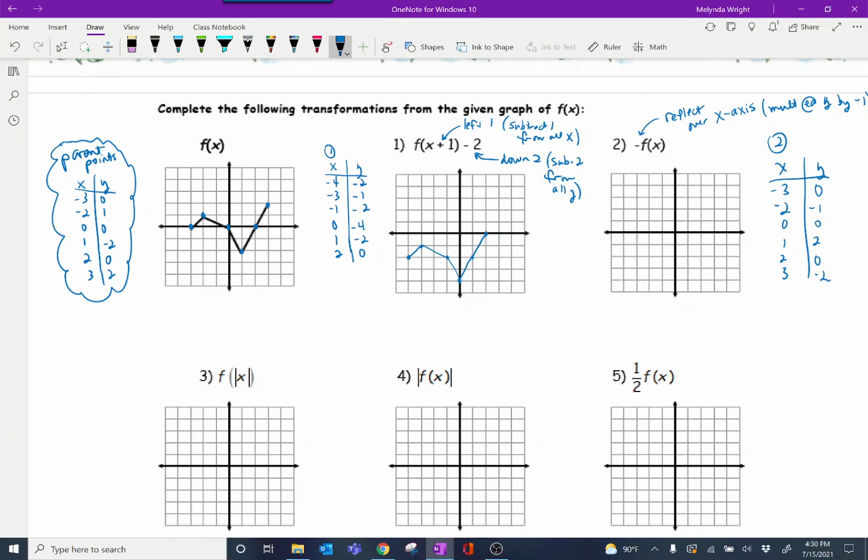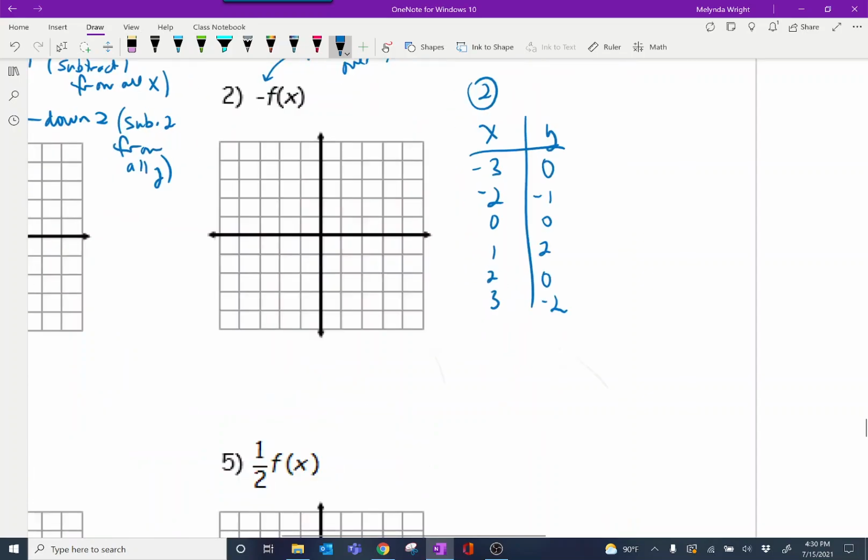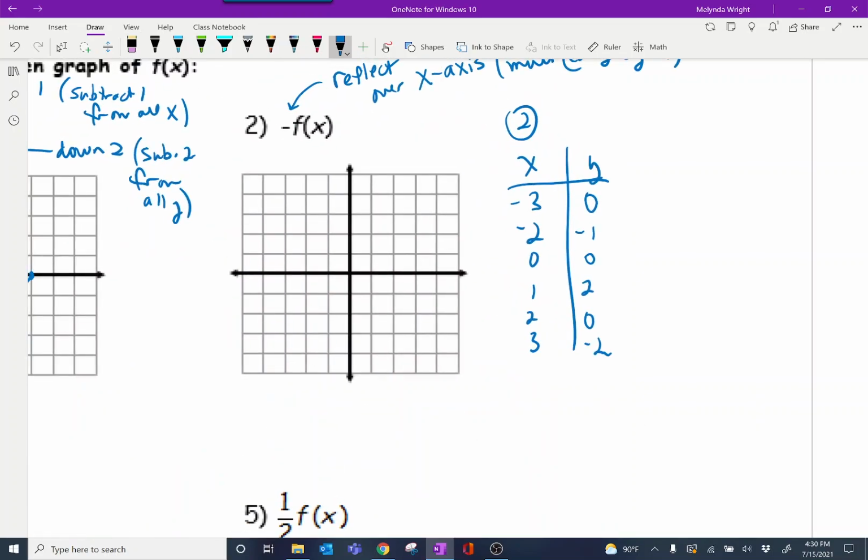Now I have my new points, and I'm just going to plot them. So -3, 0, -2, -1, and I'm going to connect as I go. 0, 0, 1, 2, 2, 0, and 3, -2. All right.